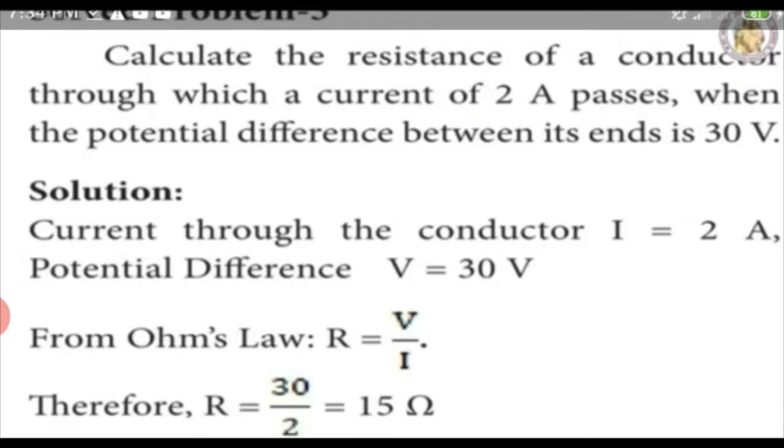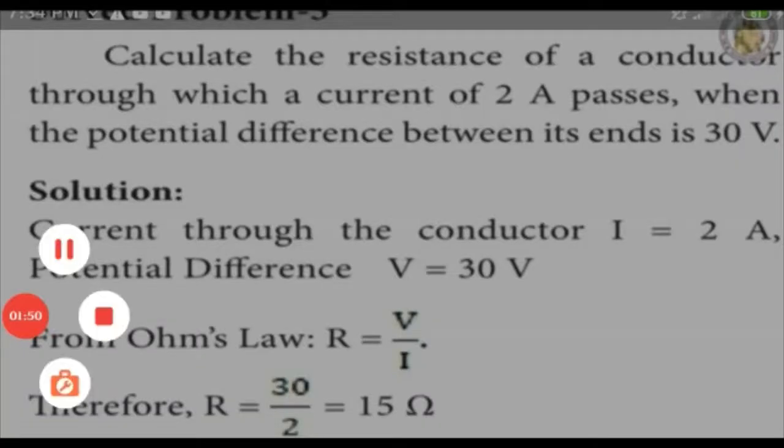So 30 divided by 2. If you divide these two values, you will get 15 ohm. So 15 ohm, this is the resistance. R is equal to 15 ohm.